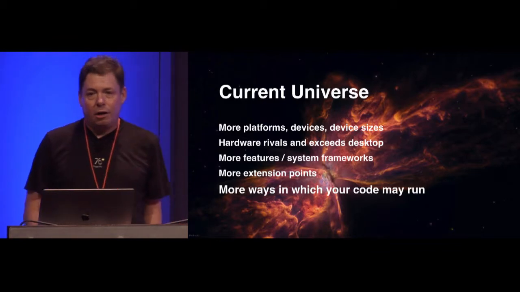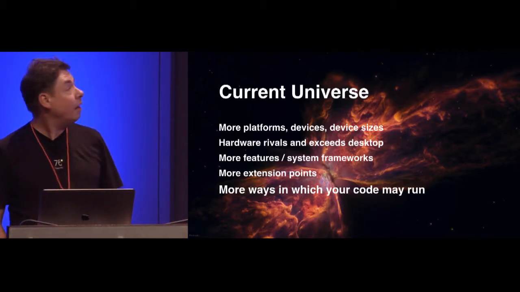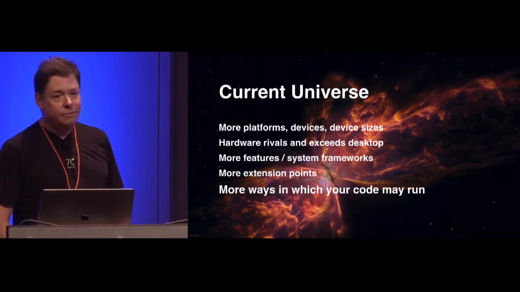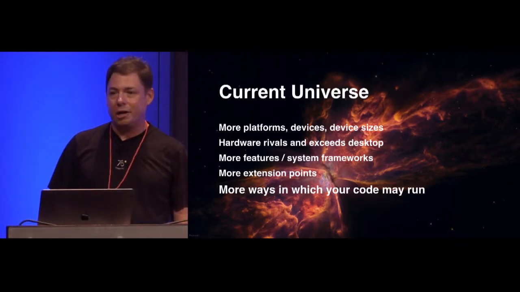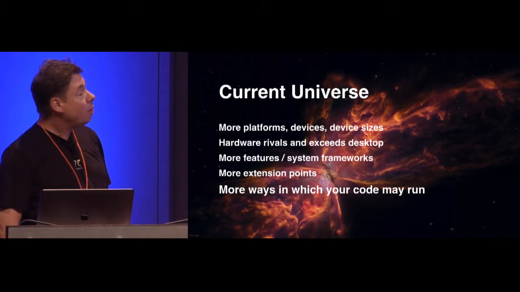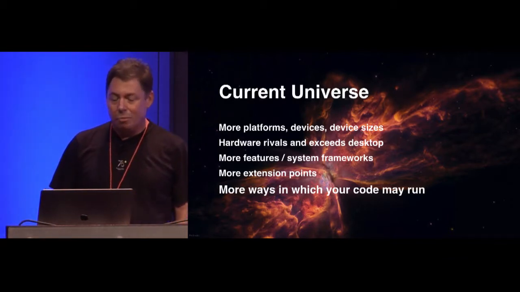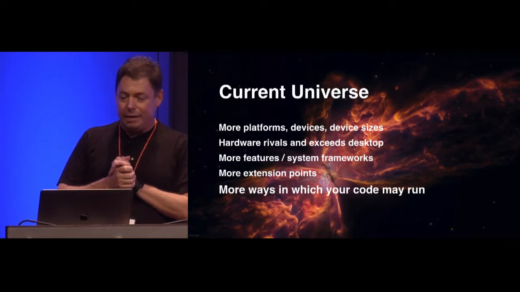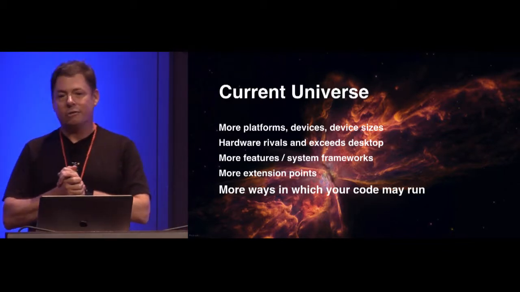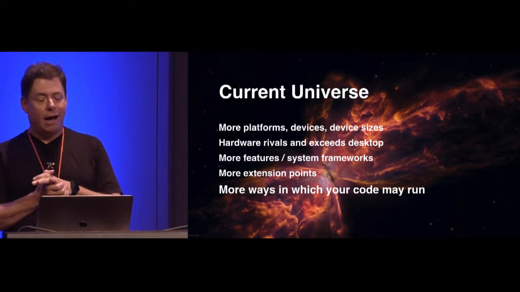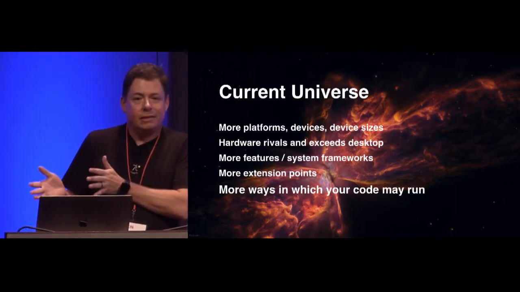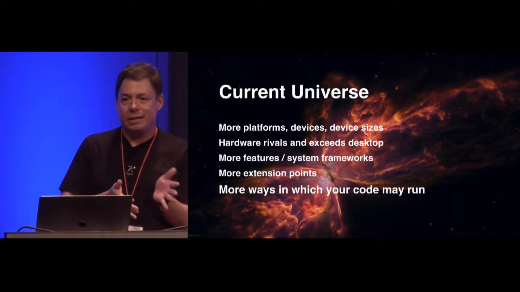So if you look at the current universe now, for the Apple universe and the landscape, it's a lot different than it was just 4 years ago or so. There are more platforms now, more devices, different device sizes. The hardware rivals what you'll find on the desktop. I was working with Keynote for this presentation, and it's just about the same on the iPad and phone as it is on the desktop.